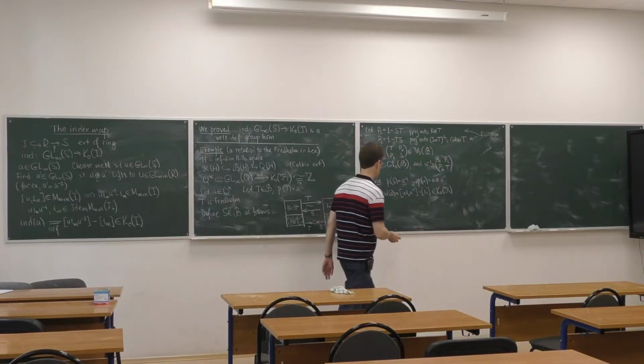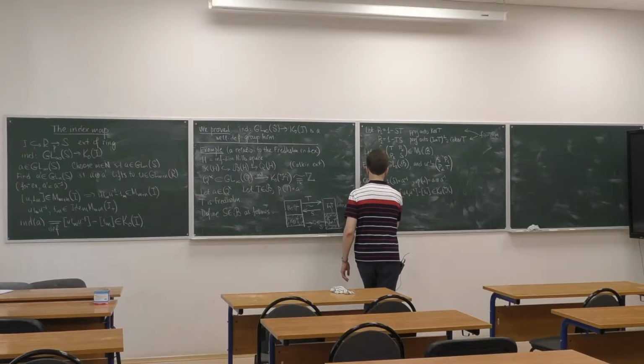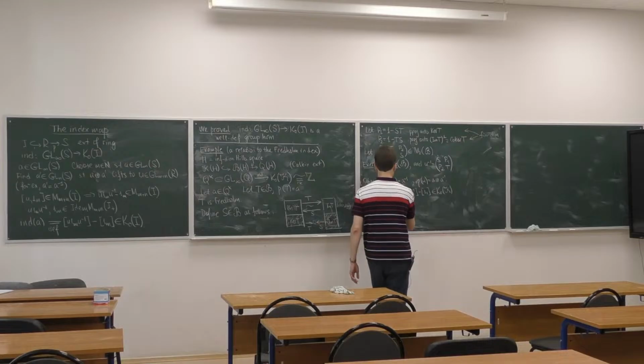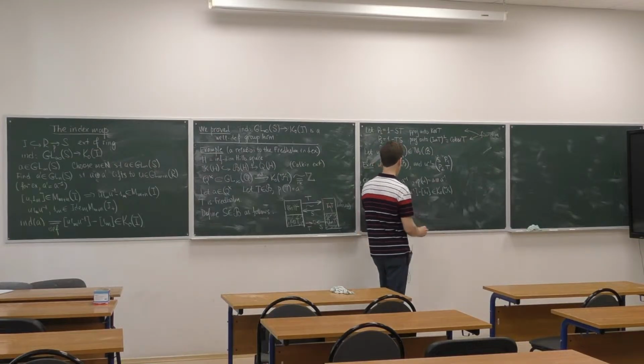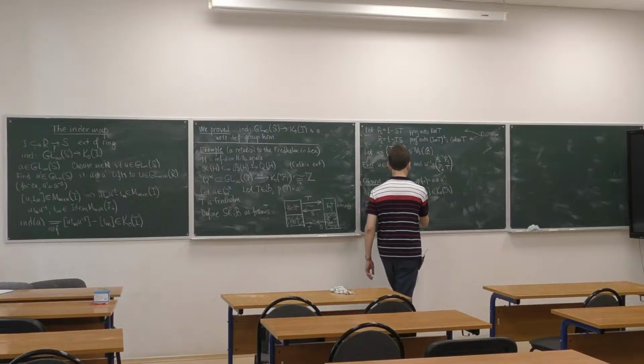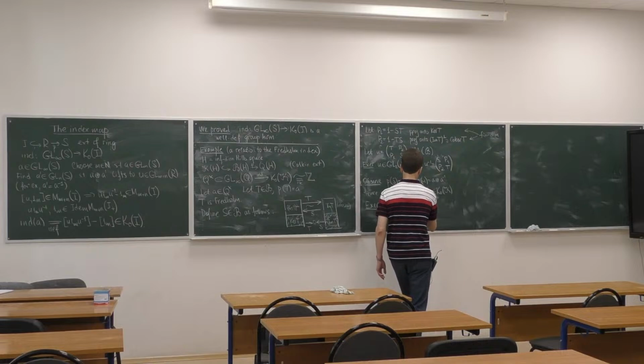Let's now calculate it more explicitly. Another little exercise, which is actually an explicit calculation, shows that if we multiply these 3 matrices, then we get the following: 1 minus P2, 0, 0, P1.